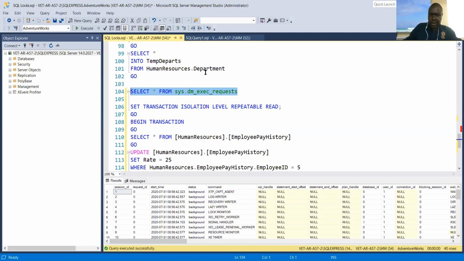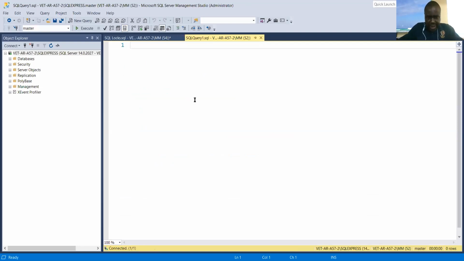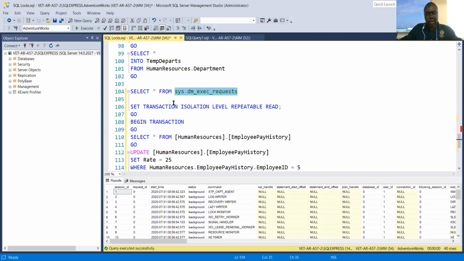So you can use this view to look at the status of the different sessions, and you can then decide on which one you need to sacrifice to complete your transactions, or where there's a deadlock.